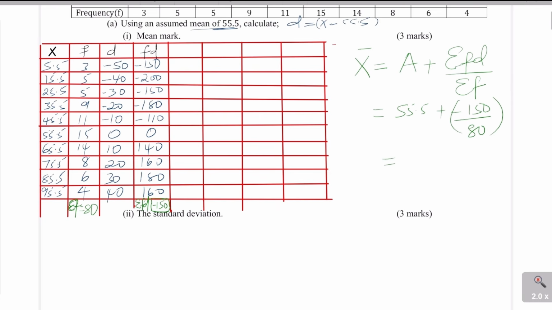Working this out using a calculator, you get 53.625 as the solution.